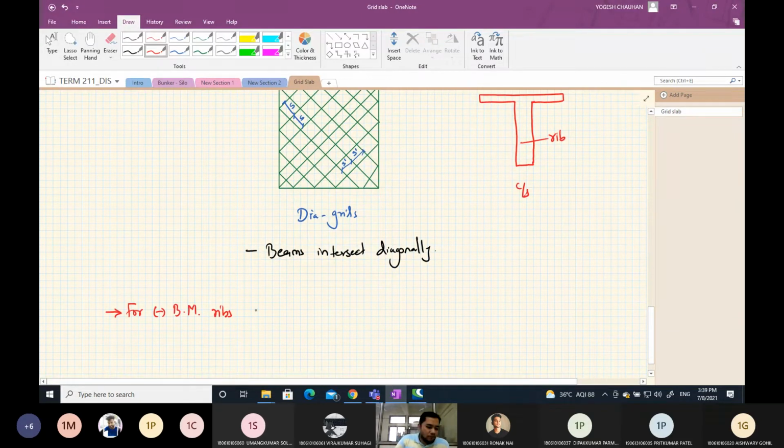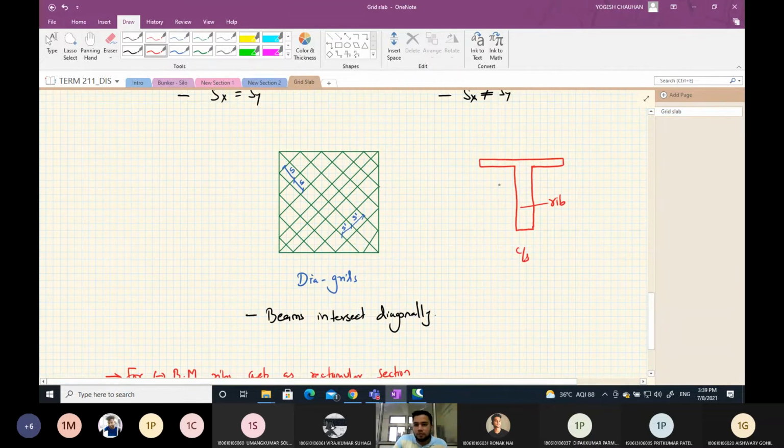So for negative bending moment, the ribs act as rectangular section, because for negative bending moment, tension will be at the top. So this cannot be considered as a plane section.